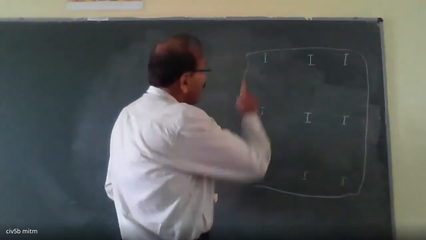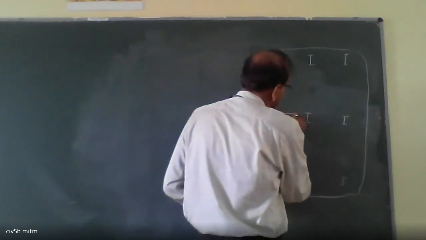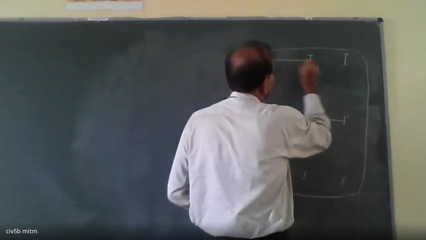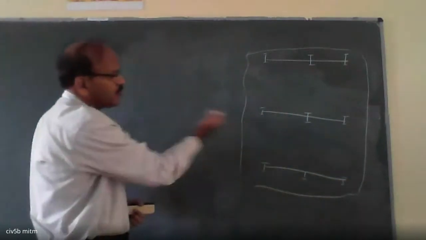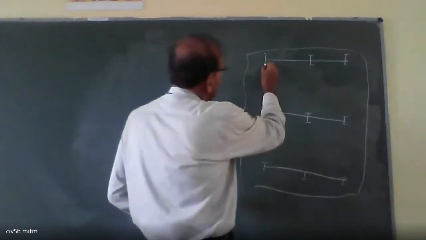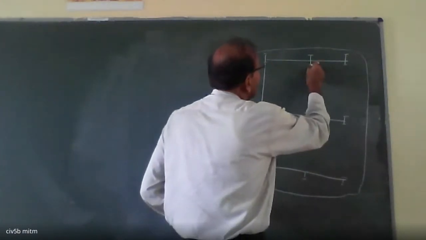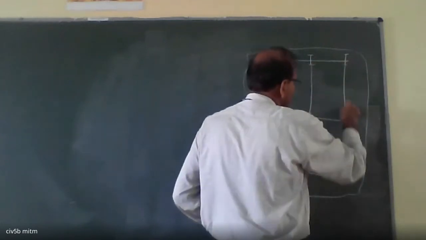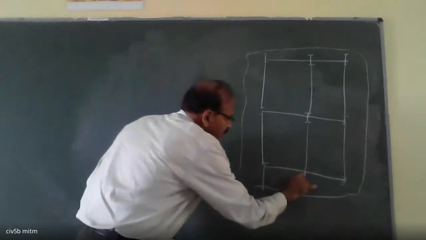Then we are going to provide beams. We are going to provide beams in this direction, in this direction, in this direction, and it goes further this way and this way. Then we can provide beams here, here, here, here, like this, and further.